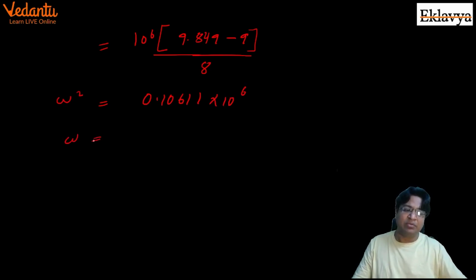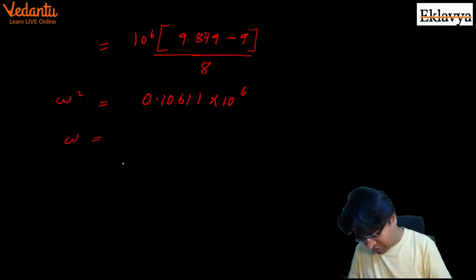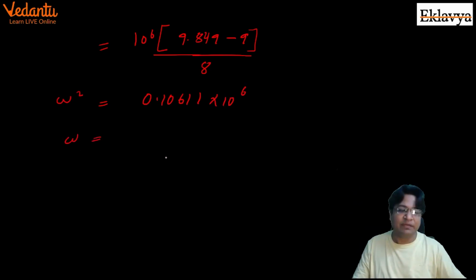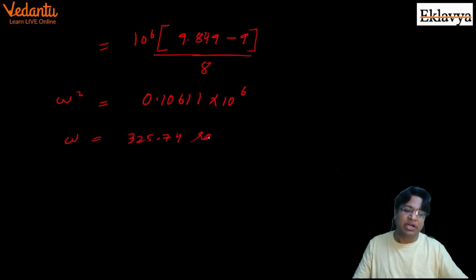So from here omega will be obtained as 325.74 radian per second.